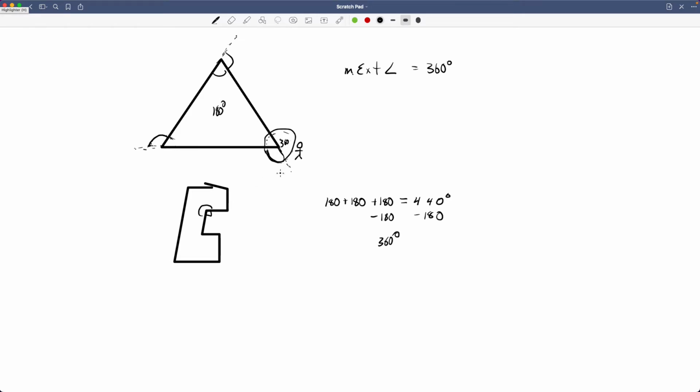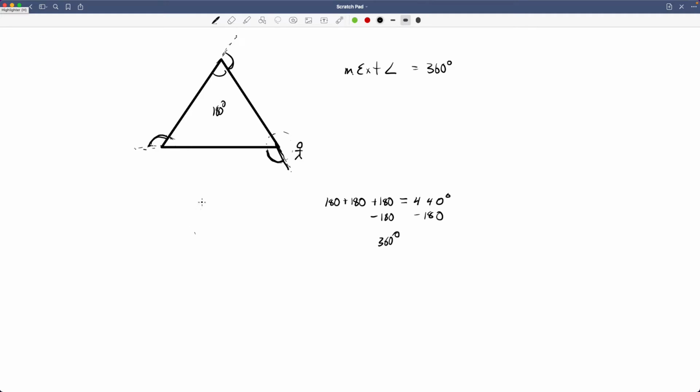Now that is not what is considered an external angle. The external angle is just when you walk around it, that extension on one side. It's always the side that you're going in the direction of.